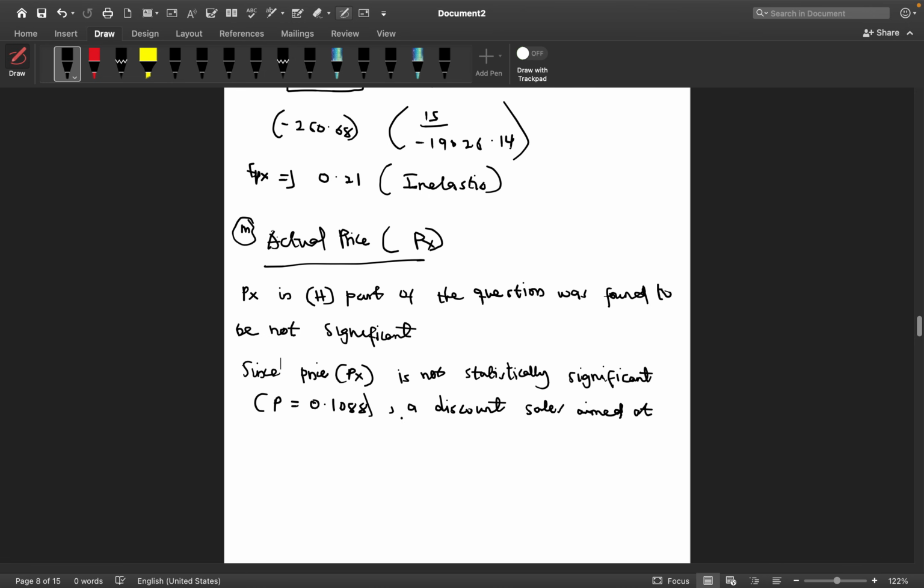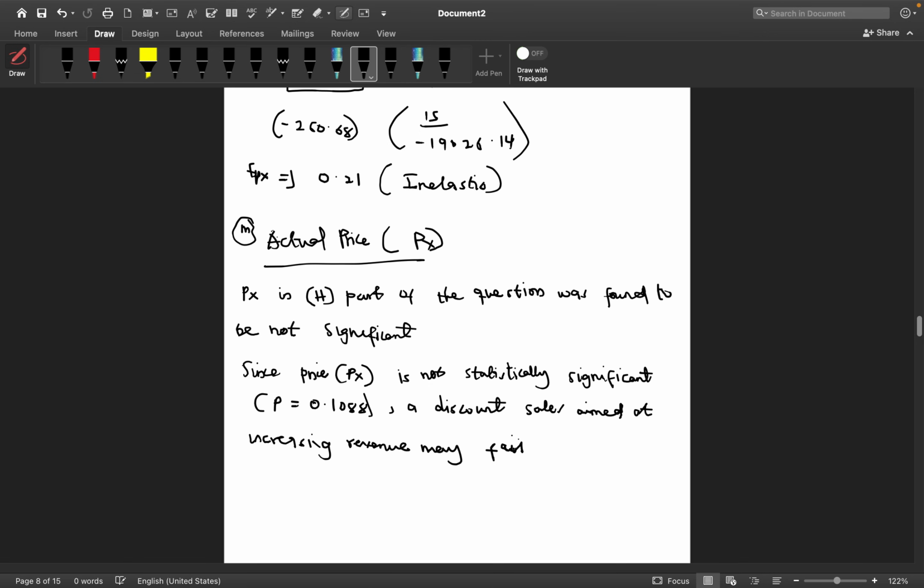A discount sale aimed at increasing revenue may fail.